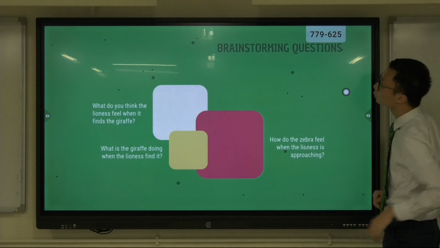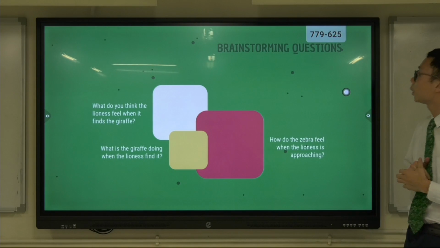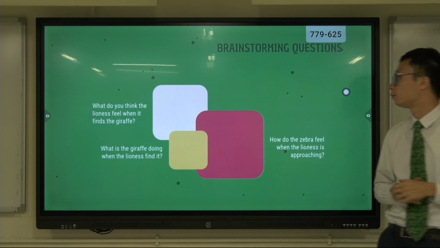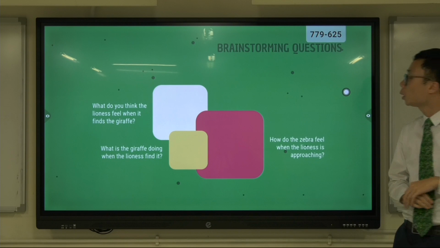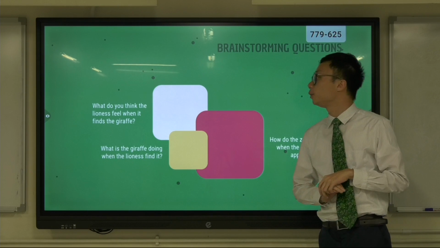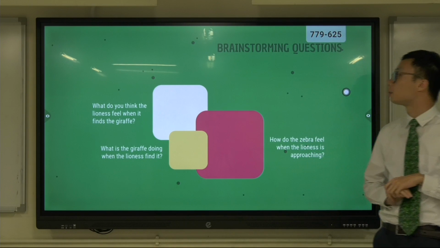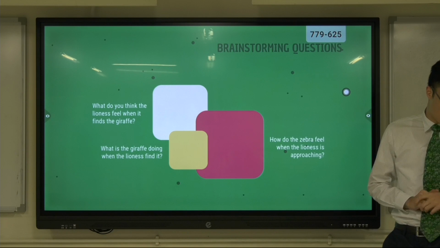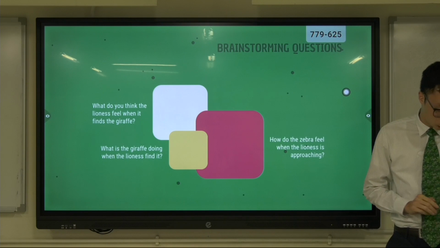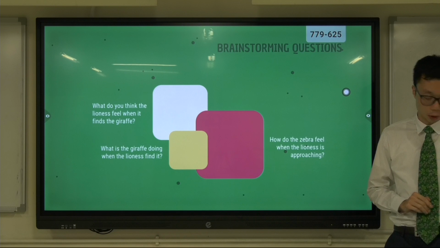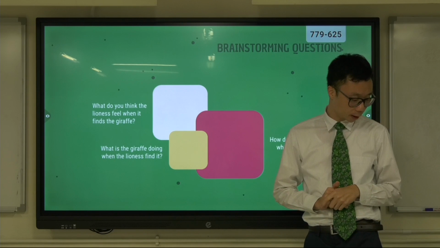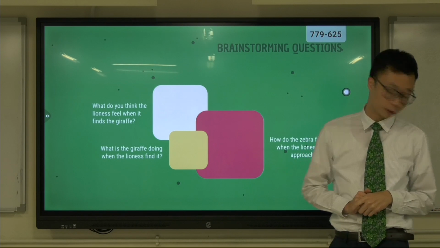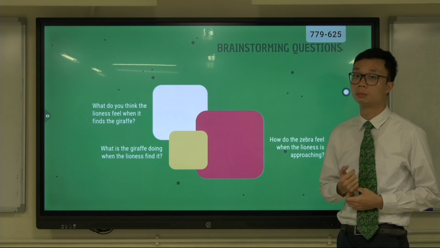Here are some brainstorming questions you can think about. What do you think the lioness feels when she finds the giraffe? In panel number 5, in the bottom left corner, you see the lioness found the giraffe. What's that giraffe doing?